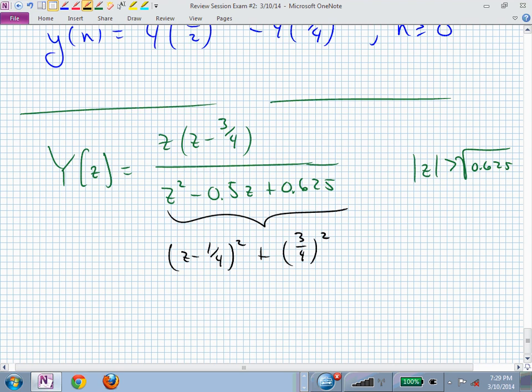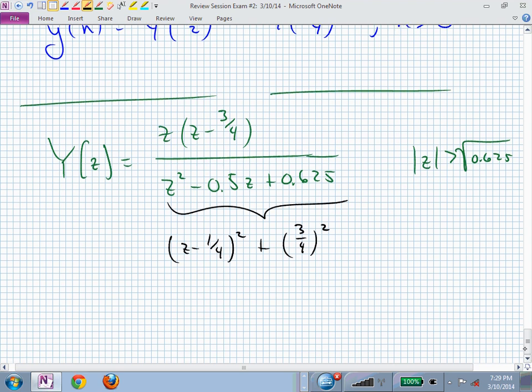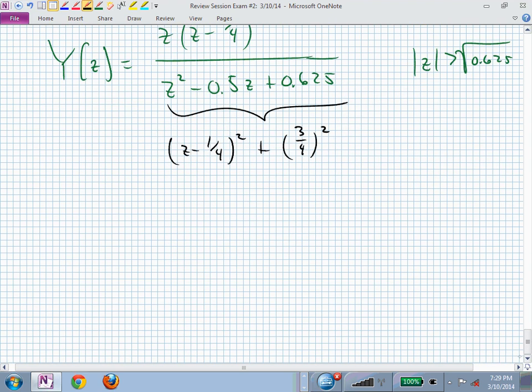And now in terms of playing with complex roots in the discrete time case, it's sometimes easier to write those in polar form. Meaning if I now say that z is equal to 1/4 plus j 3/4, I know the magnitude of z.